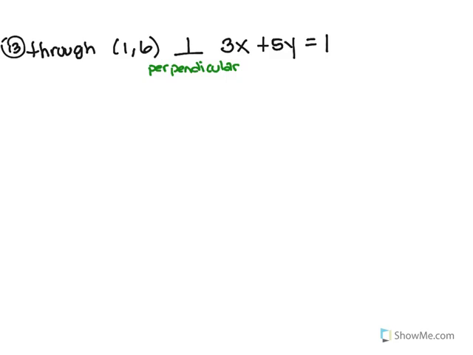Now, perpendicular lines intersect, they cross. They actually intersect and create a perfect 90-degree angle, but you don't need to know all that. But they cross perfectly, okay?